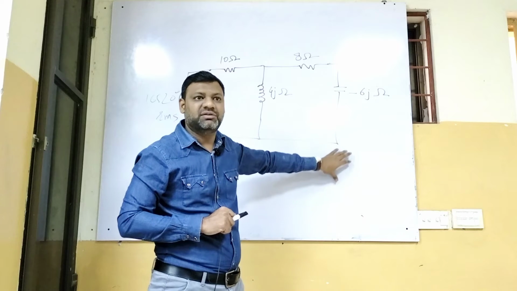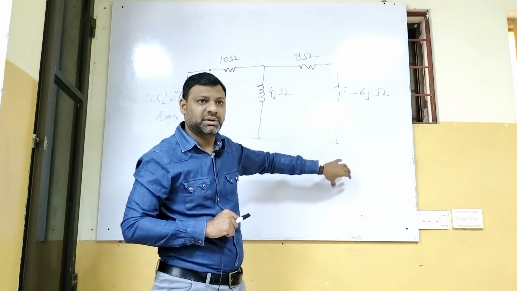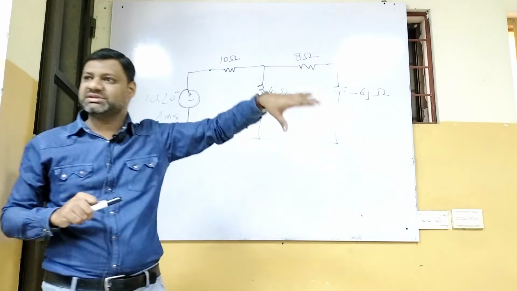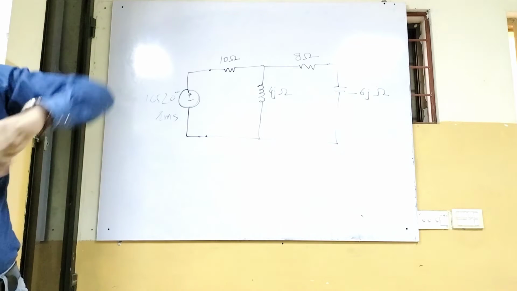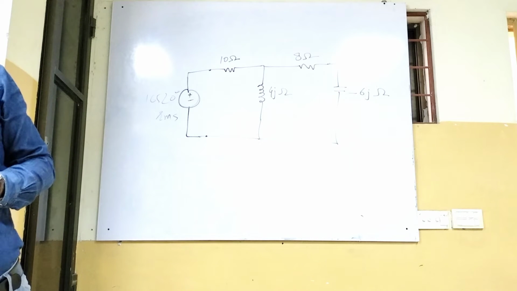So the average power will be V RMS, I RMS, and the cosine of the difference of their phases.